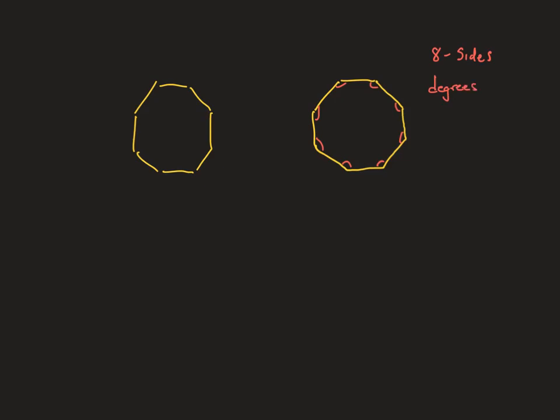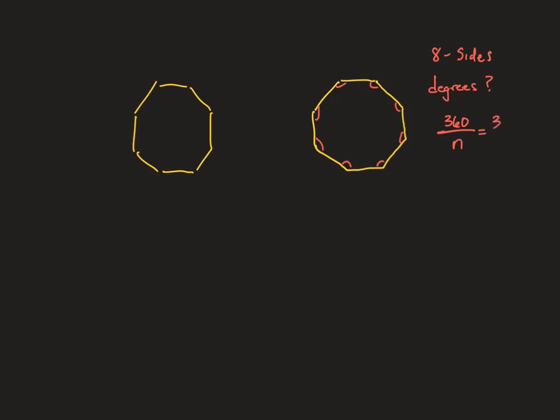Hopefully you are able to remember that there is 360 total degrees, and as we looked before, we have 360 divided by n, n being the number of sides.